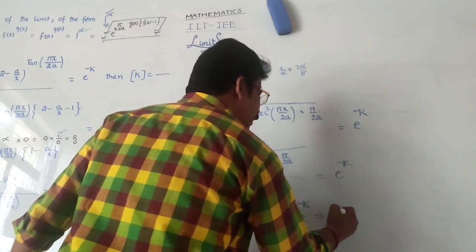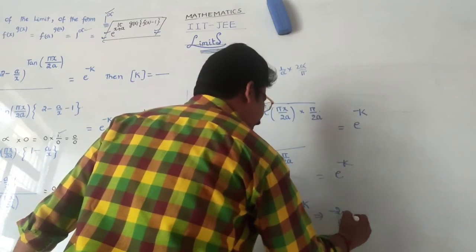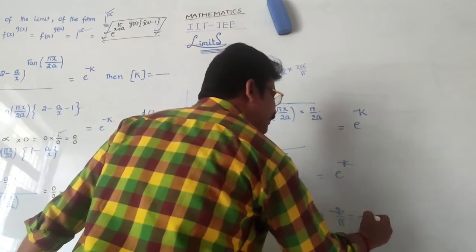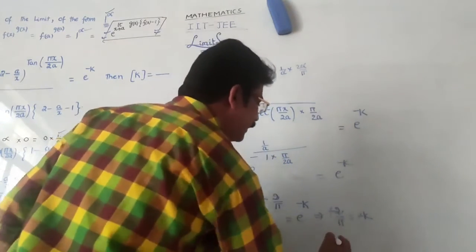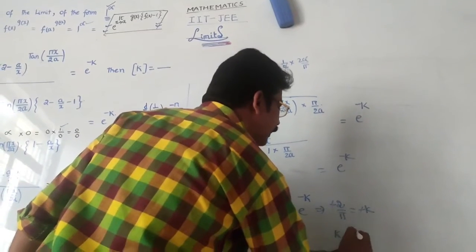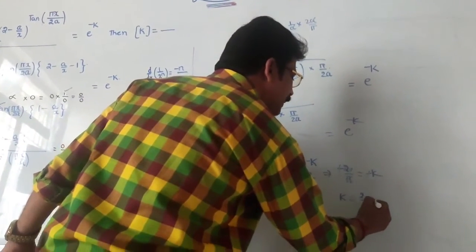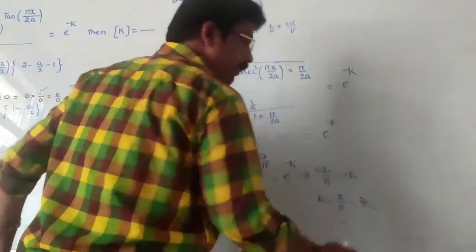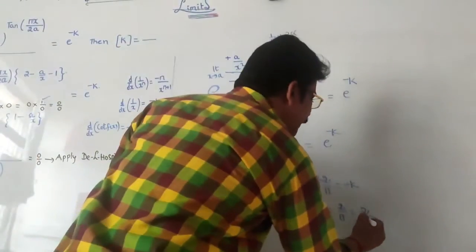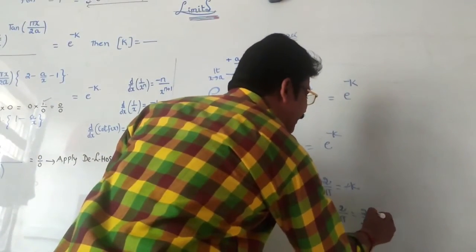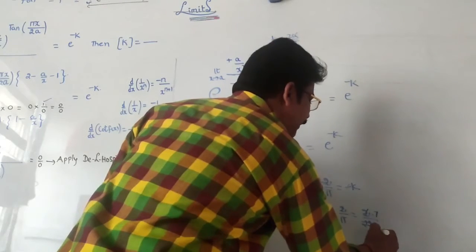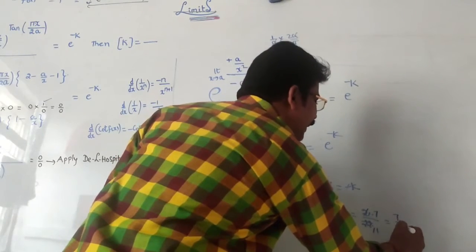So clearly minus 2 by pi is equal to minus k. Minus cancels, then k equal to 2 by pi, which is approximately 22 by 7. 22 by 7 into 7, so 2 11s, that is equal to 7 by 11.